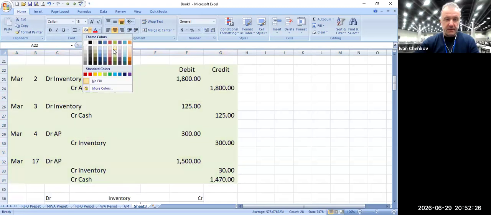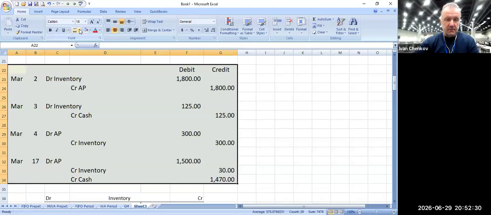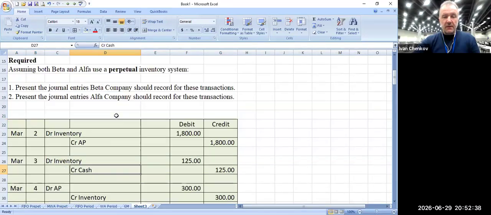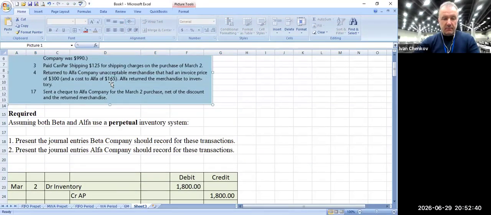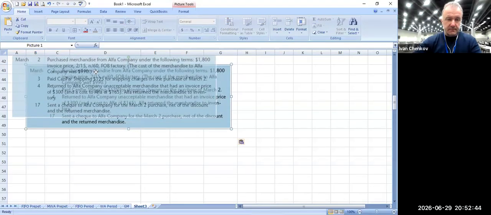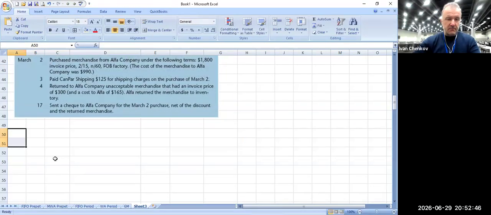Let's mark this with green and put some net here so we can have a beautiful general ledger. Now let's do the same thing, but from the point of view of the seller. Let's go again, March 2nd. Now we're selling.